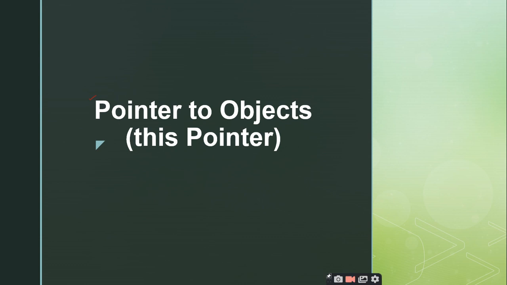So we know that an object is nothing but an instance of a class, and the memory for the object will be created once you instantiate the class. That means instantiation means nothing but you create an object for the class.